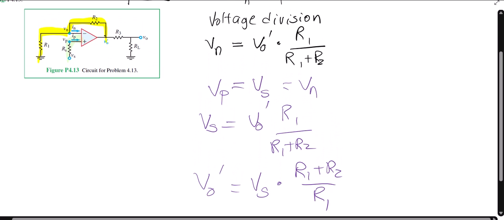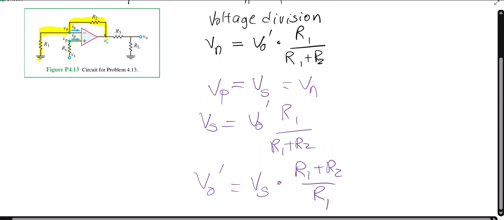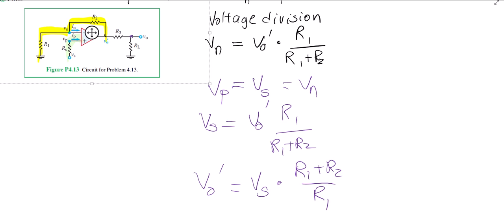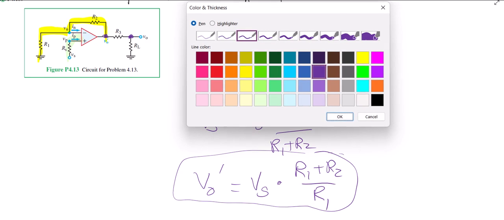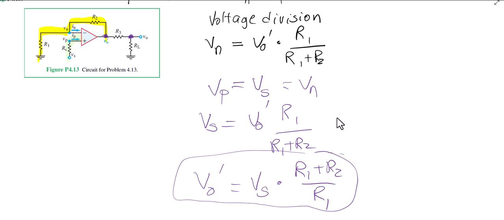Okay, but we're supposed to be trying to find V out. So now I'm going to do voltage division again. I now have an expression for VO prime, right here. So by voltage division, this is VO right here.